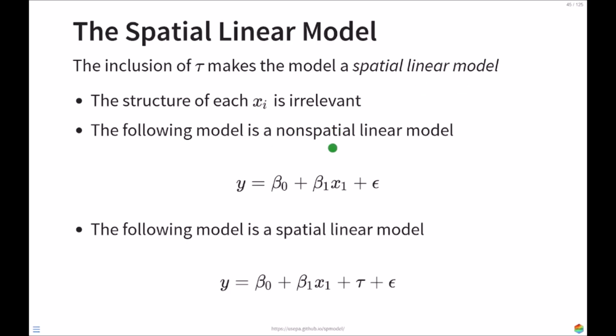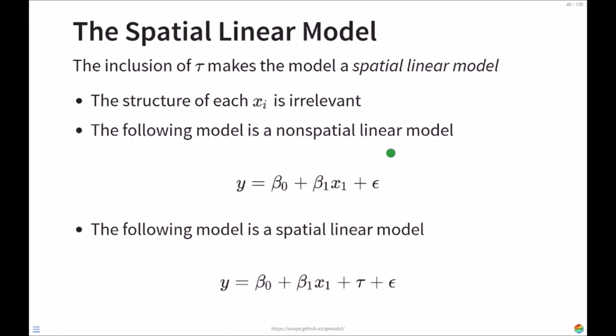So the inclusion of tau is what makes this model what we call a spatial linear model. Whether or not a model is a spatial linear model does not depend on the structure of its explanatory variables. So, for example, the spatial structure or lack thereof for an xi does not determine whether something's a spatial linear model. So xi could be temperature or precipitation, which often are highly spatially structured themselves.